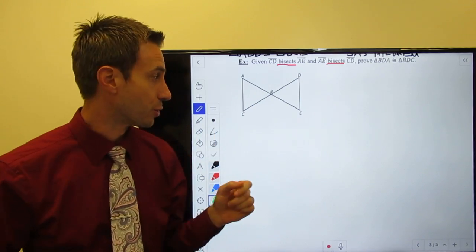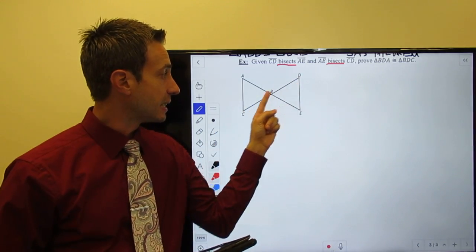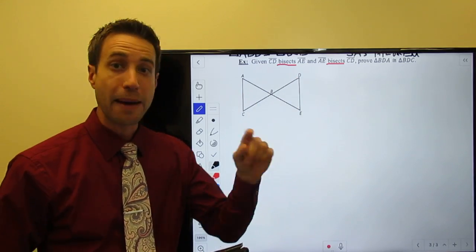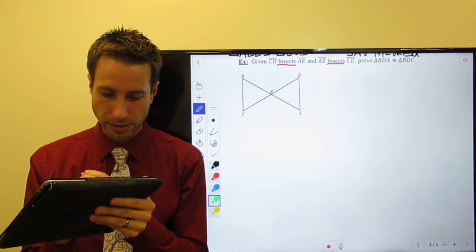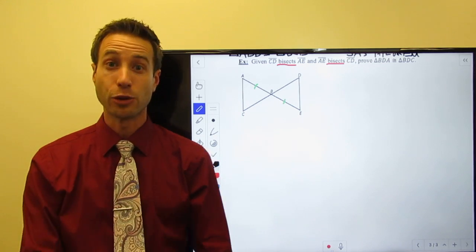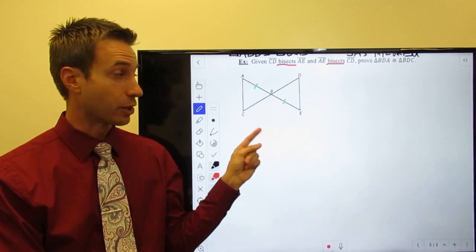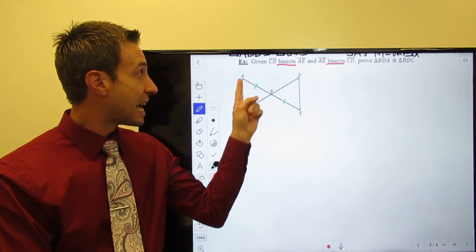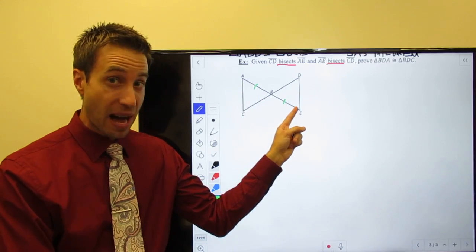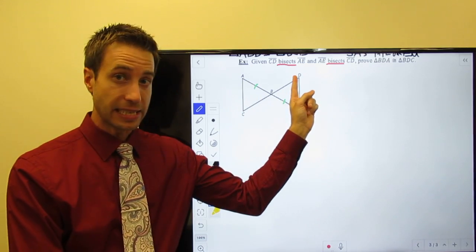What? Yeah, this is awesome. Here's what this tells you. If line CD bisects AE, that means CD cuts AE into two equal segments. Those guys have to be congruent because CD is a bisector. But AE is the bisector of CD.